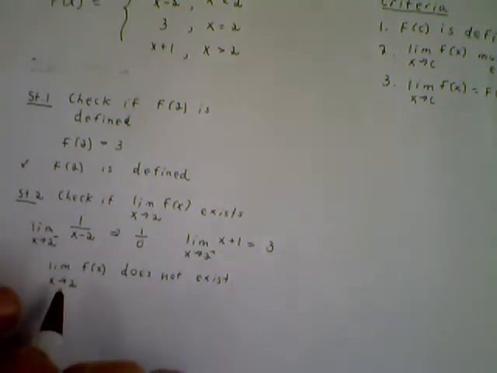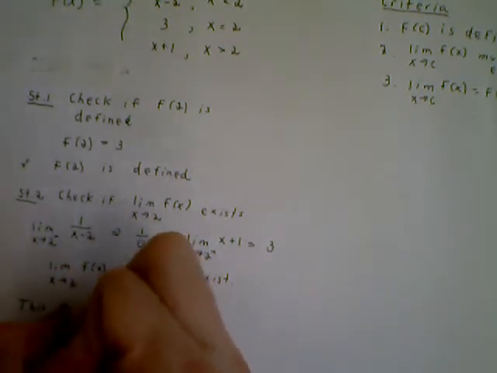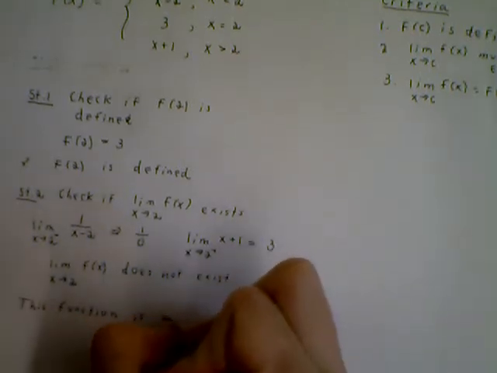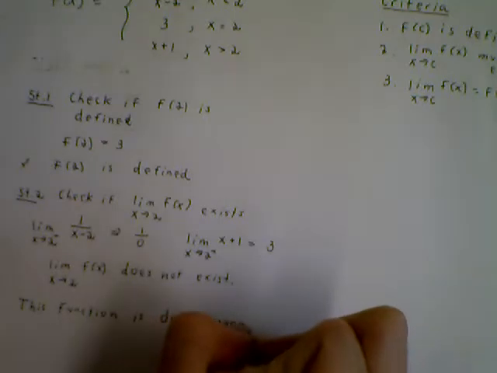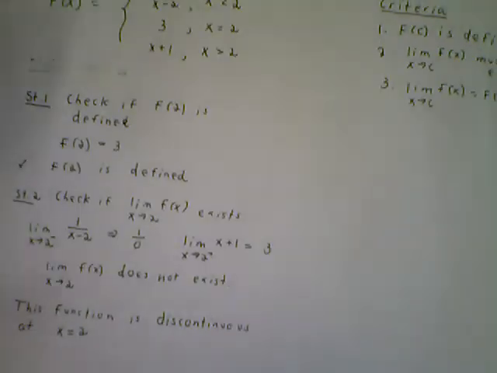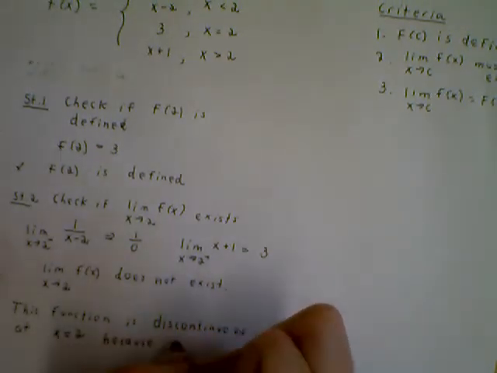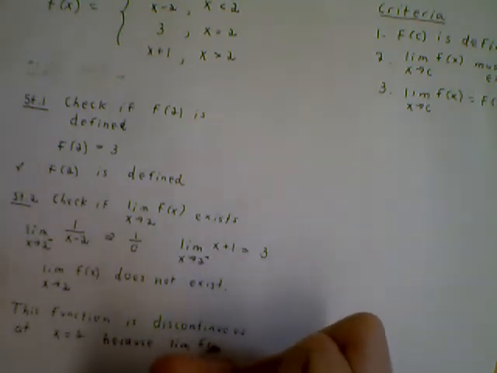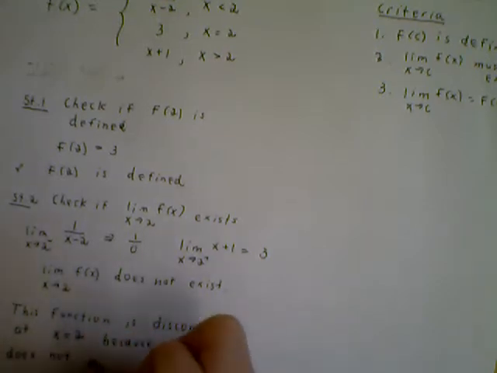So because the limit does not exist, I can say this function is discontinuous at x equals 2 because the limit as x approaches 2 of f of x does not exist.